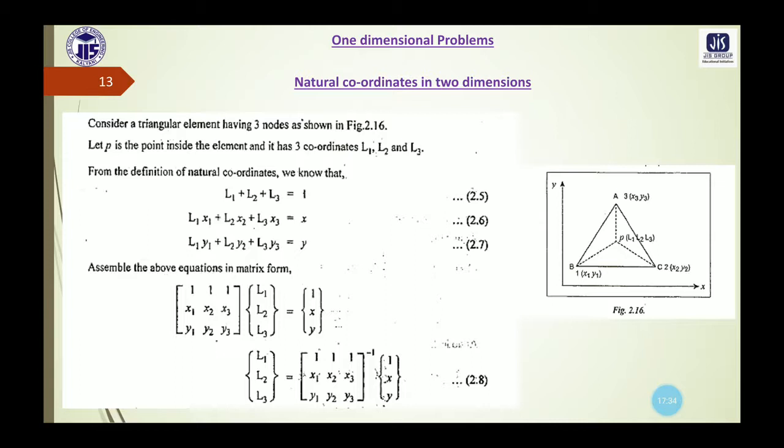Next, we can form two other equations also: L1x1 plus L2x2 plus L3x3 equals x, and L1y1 plus L2y2 plus L3y3 equals y. So these are the three different equations in case of natural coordinates in two dimensions.